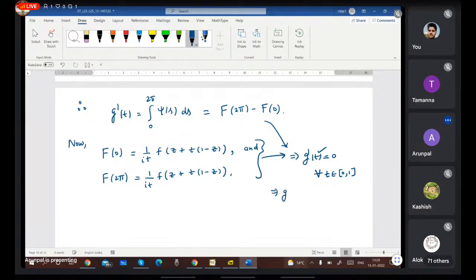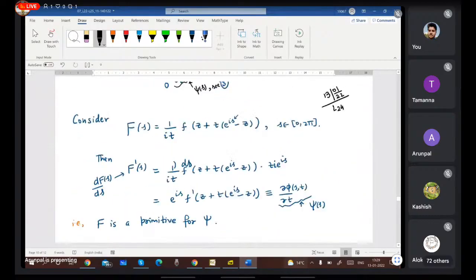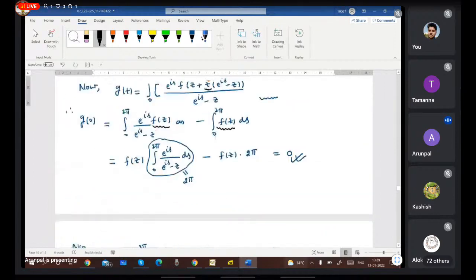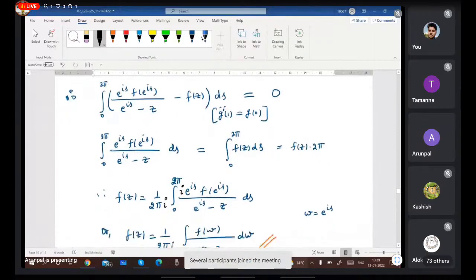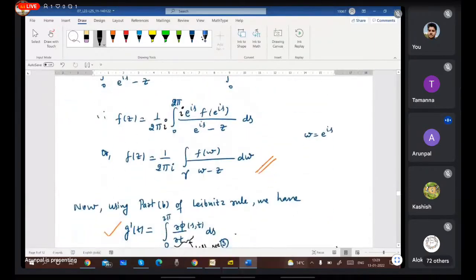This implies that g is constant on this. Class, now I have nothing more to say; the rest I have already explained to you, and it's done. Once we have shown that g is constant, how things will happen, I have already explained to you here, right, class?